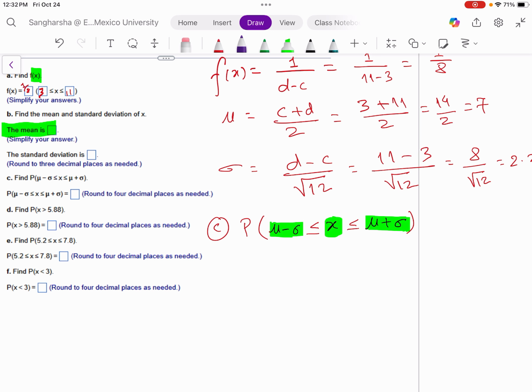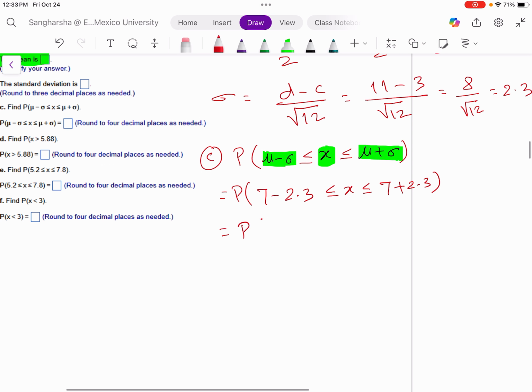Now let's go ahead and find these values. We have p as it is. We know our mu is 7, minus sigma is 2.3, less than or equal to x, less than or equal to 7 plus 2.3.